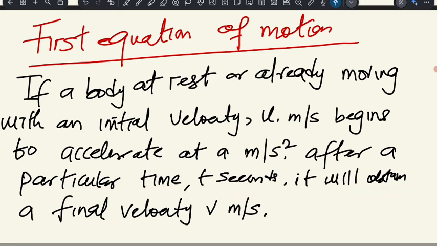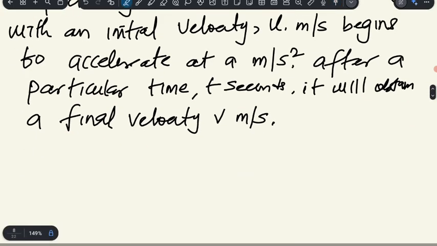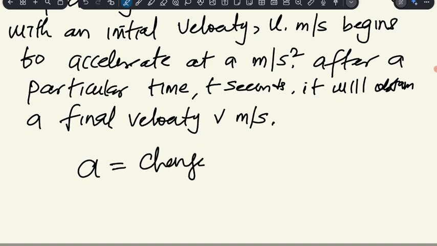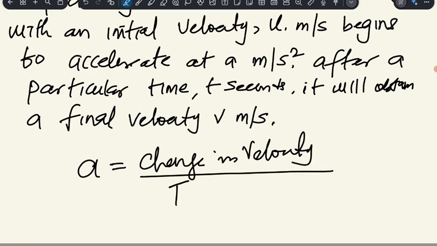So this is exactly where we are going to start proving. After it attains a final velocity, you all know that acceleration is change in velocity divided by time interval.